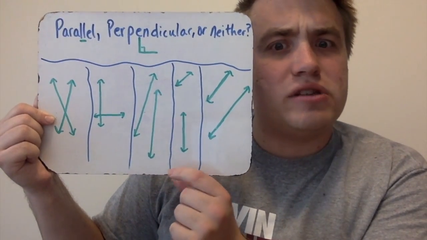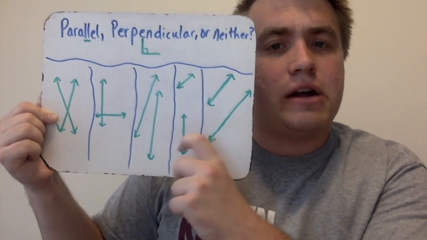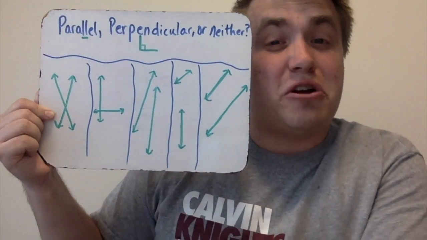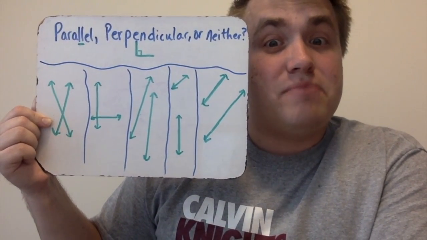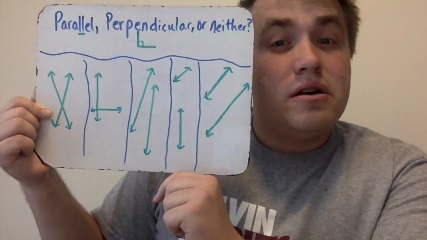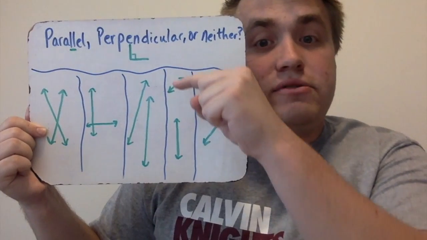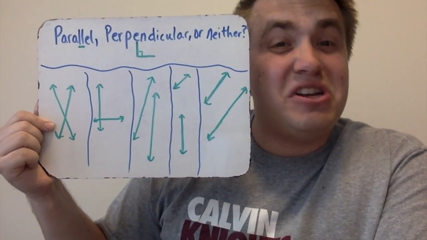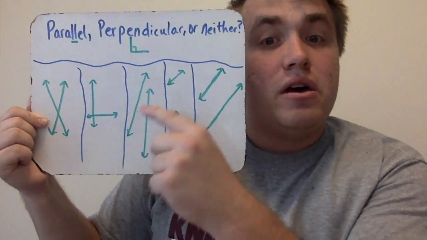And it's kind of similar right here with this fourth example. We have this line right here and the other line going kind of sideways, angled up here. They're not touching each other, so I know that they're not perpendicular. But are they parallel? Well, if I take this line and just continue it straight up, it's going to easily run right into my top line there. So I know that these two lines here are not perpendicular or parallel.